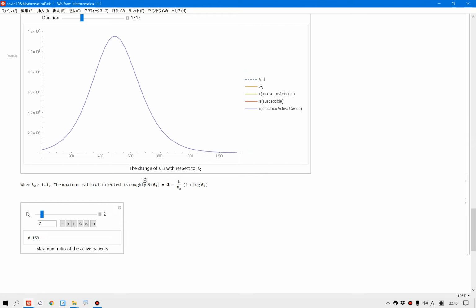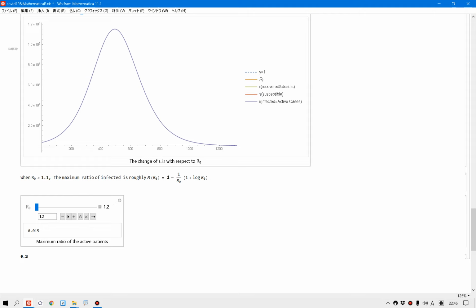And you can use this formula. This is the formula to calculate the peak of the infected. Now R0 equals 2, so it's 15.3%. But if R0 equals 1.2, it is almost 1/10, 1.5%. And the world population is 7.7 billion.